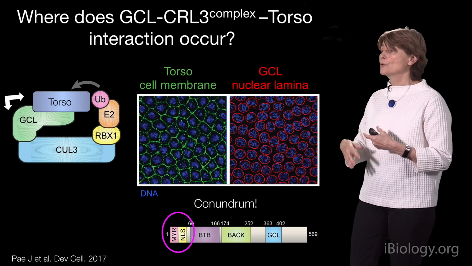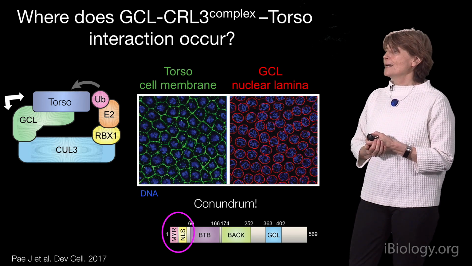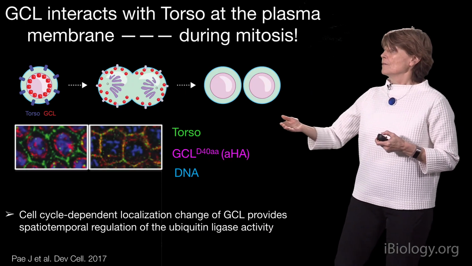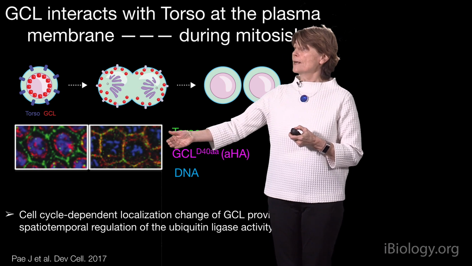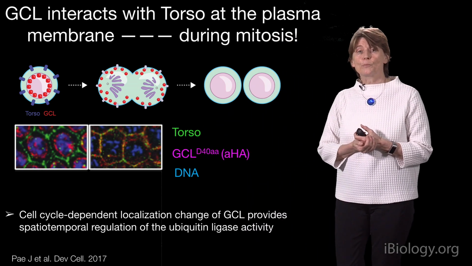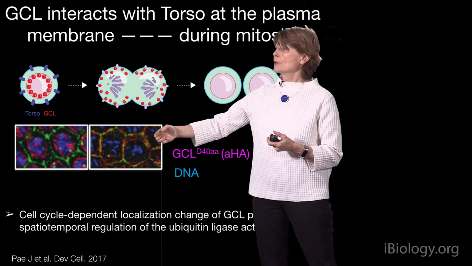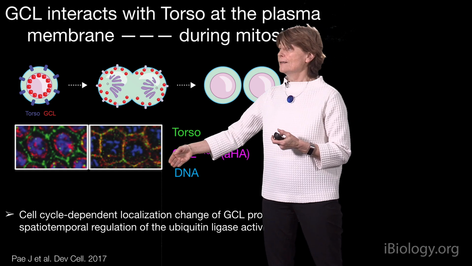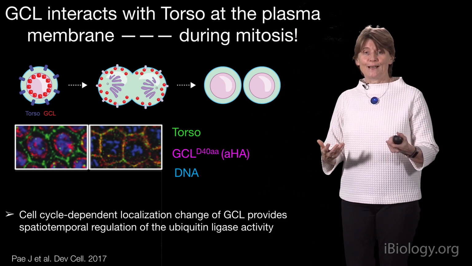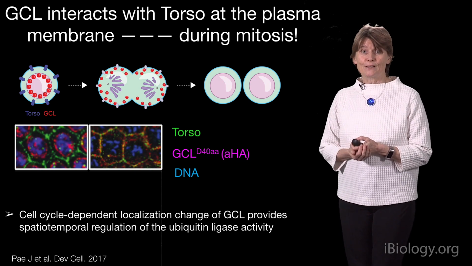I won't go through all the mutants, but Dewey found that germ cell-less and Torso do meet at some point, and that is when the nuclear envelope breaks down during mitosis. Now Torso and germ cell-less are at the cell membrane together. And remember that germ cell formation occurs during a mitosis.